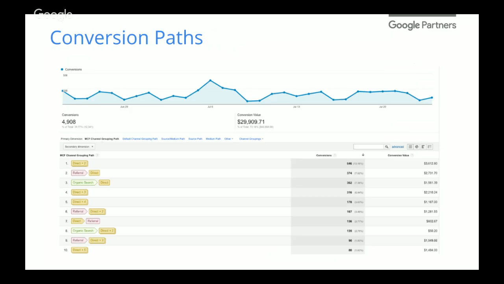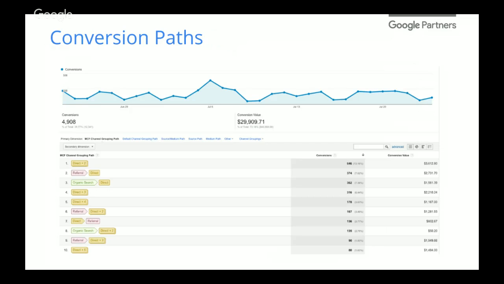We've got a referral and then a direct click, and we've got 374 conversions. That makes up almost 8% of overall conversions, and it attributes a value of 2,700 to those. So 374 have gone from a referral and then to direct, and converted through there.